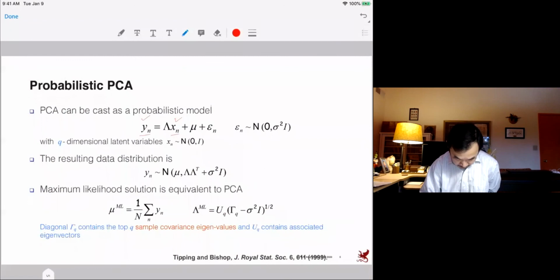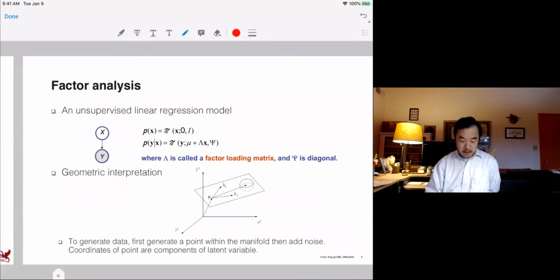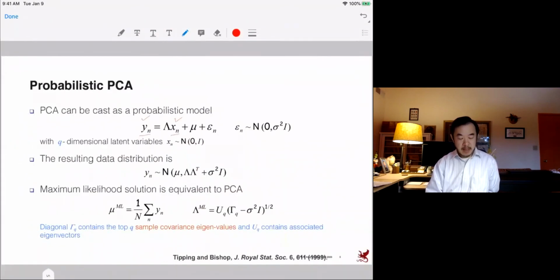Y is the observed data, and X is, in this case, the projection you want to compute, but it is latent, that you don't observe it. Just assume it to be a hidden random variable, just like the cluster assignment that we computed in the k-means algorithm and the EM algorithm.